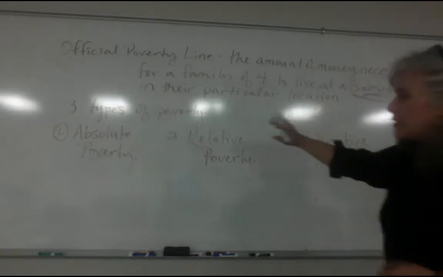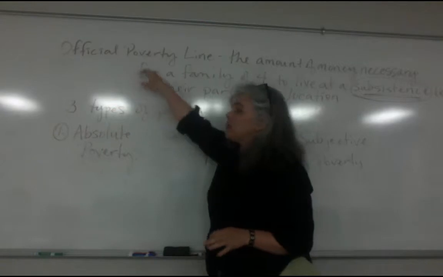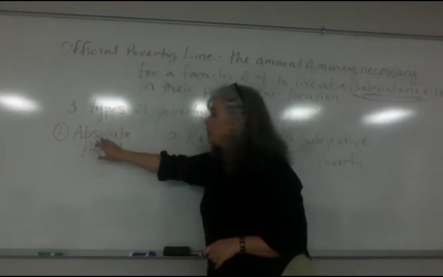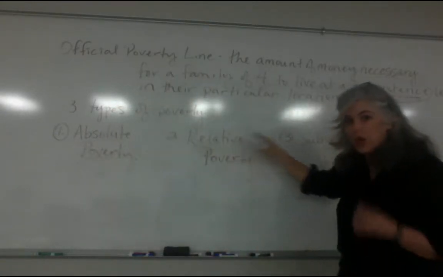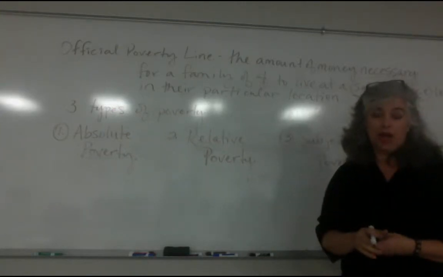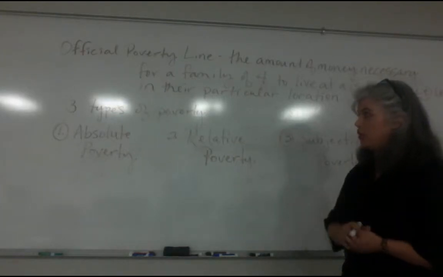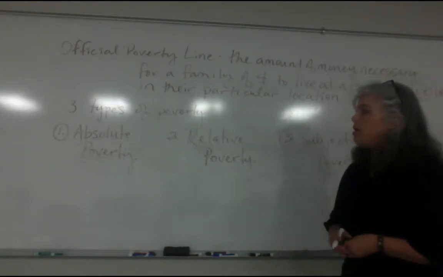So you will not see the word poverty by itself defined. You will see it as part of a phrase like this, or you will see adjectives that qualify the type of poverty we are talking about in our sociology textbook and lessons.